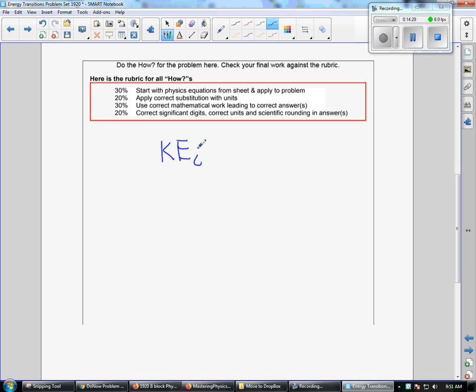I'm going to put a lowercase i there, equals KE afterwards, which I'm going to label as final, plus PE grab final. I could have a PE grab initial, but we are going to consider that point to be 0. Then I just have one less term to write, but I could have that on the left-hand side also.